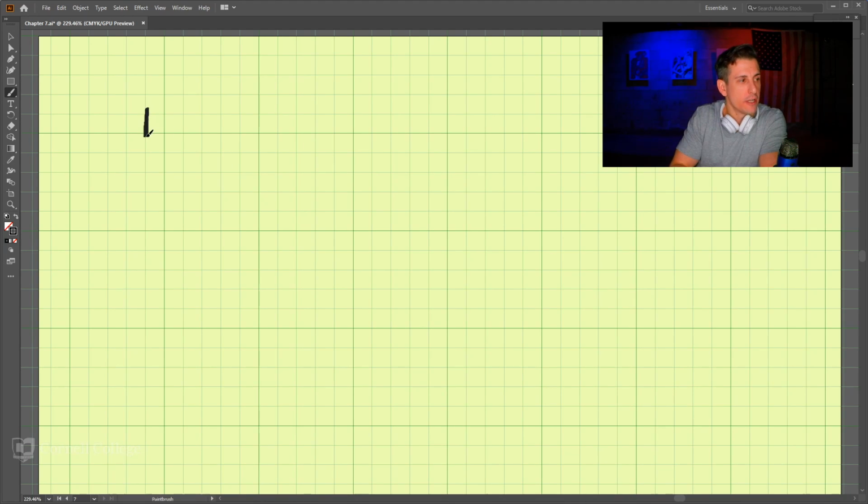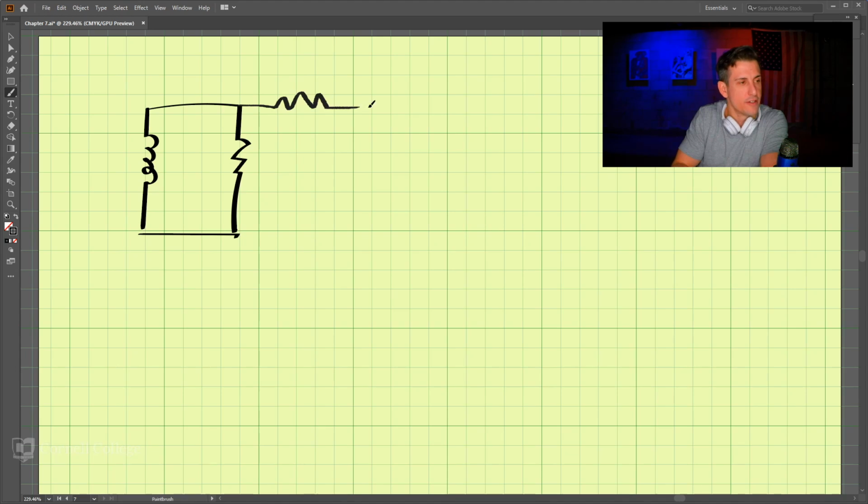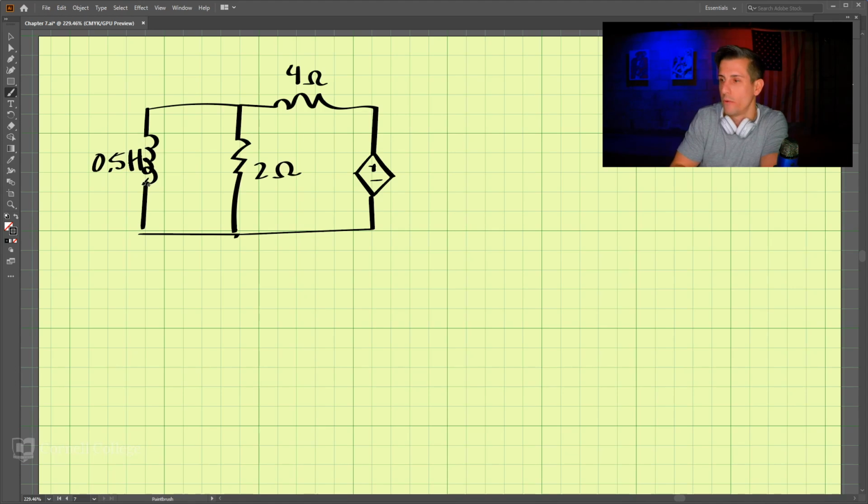Let's do a circuit problem example that is an RL circuit. I'm going to draw a circuit here. We have an inductor attached to a resistor in parallel, which is then attached to a resistor and a dependent voltage source. This resistor here is 4 ohms, this resistor here is 2 ohms, and this inductor is 0.5 Henry.